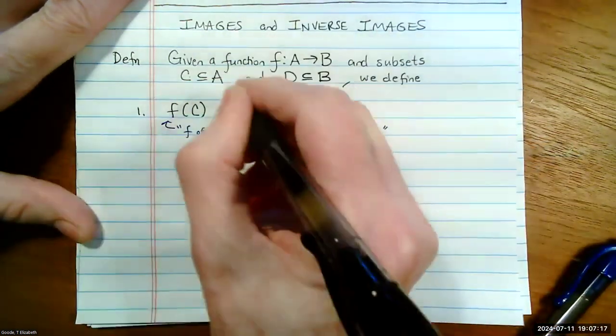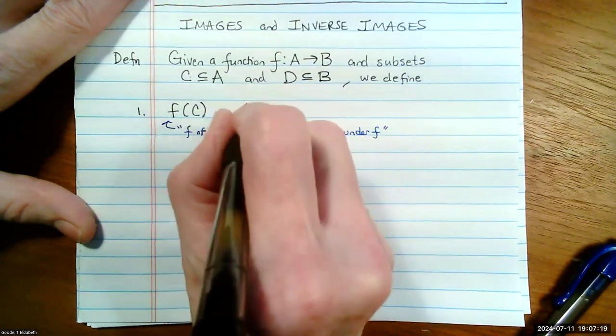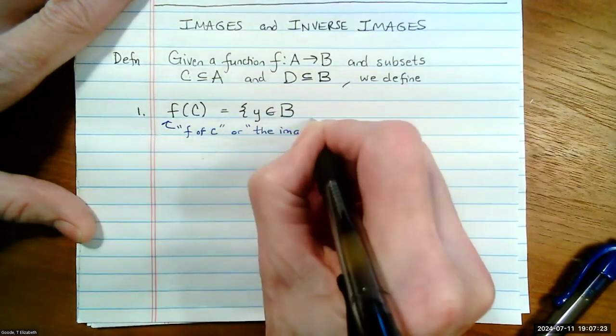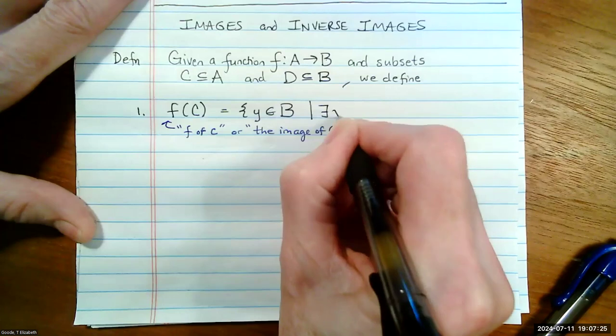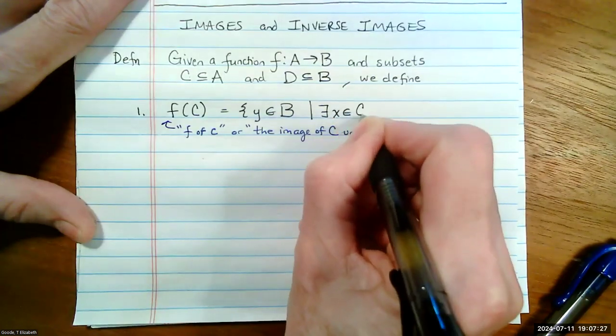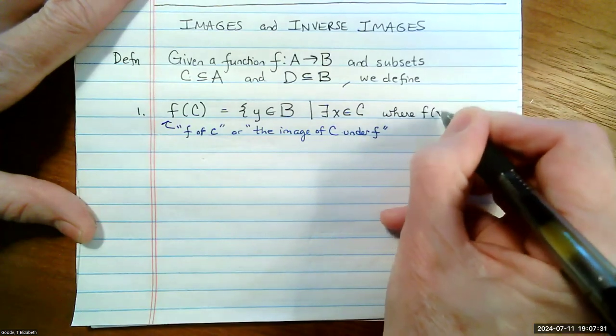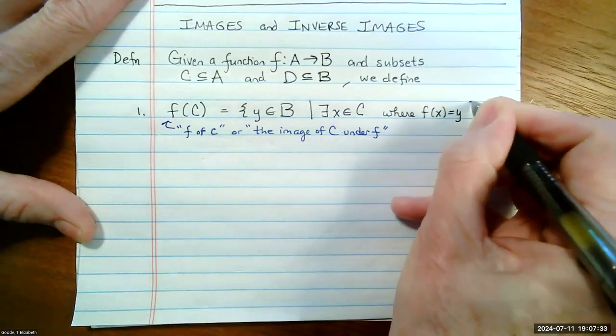So what is it? It's the set of y values over in codomain B such that there exists an x in C where f of x hits that y. f of x equals y.